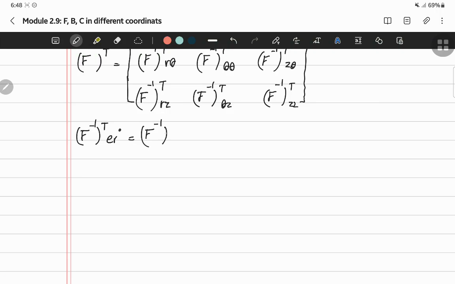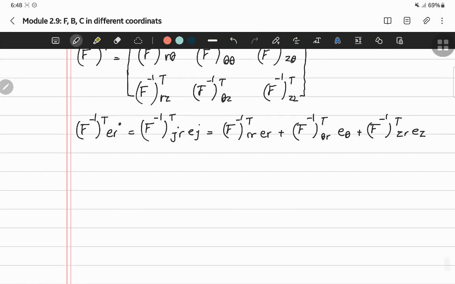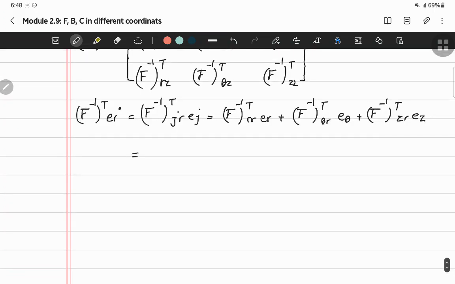F inverse transpose J R EJ is equal to F inverse transpose RR ER plus F inverse transpose theta R E theta plus F inverse transpose ZR EZ.